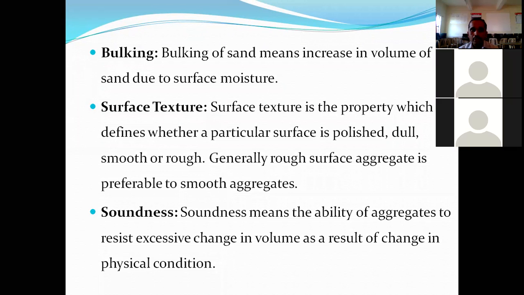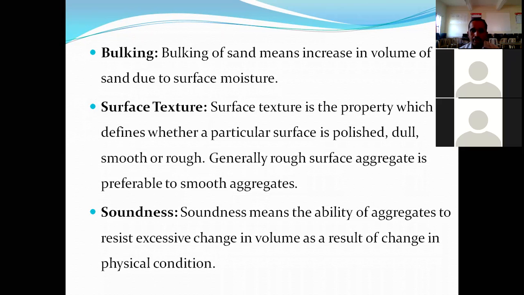So the bulking effect is required to be considered during volume batching, because if there are rainy seasons or any water, and there is a change in volume of sand, then it should be considered during the volume batching work.